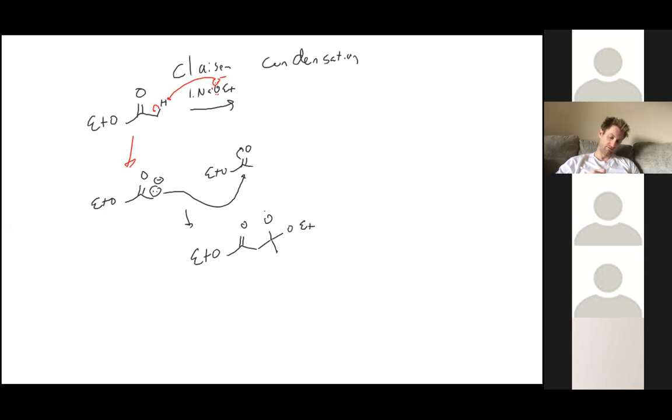And this is going to be where the main difference is going to come in. At this point, these electrons can come down, kick out this OEt, and give us a product, which is going to be this keto ester here.